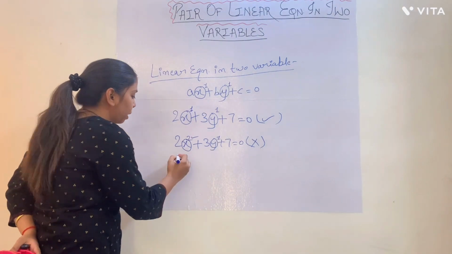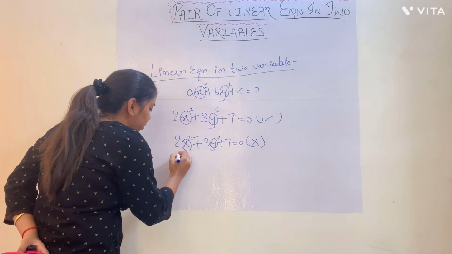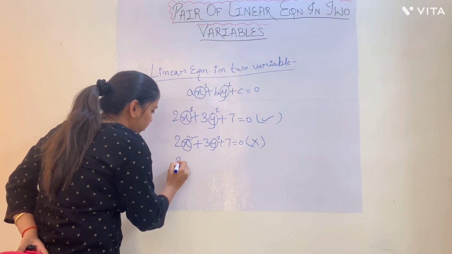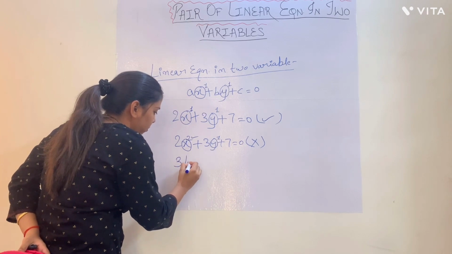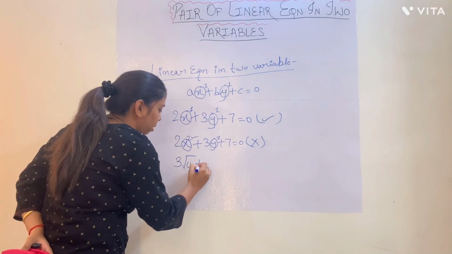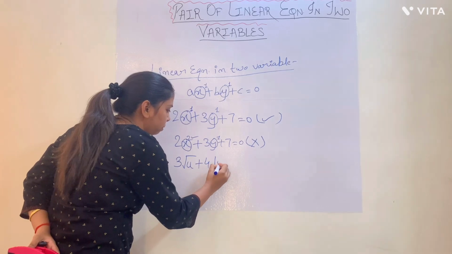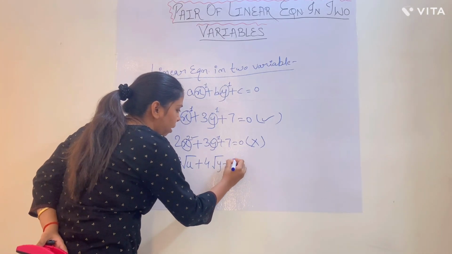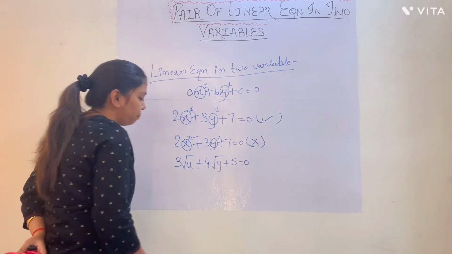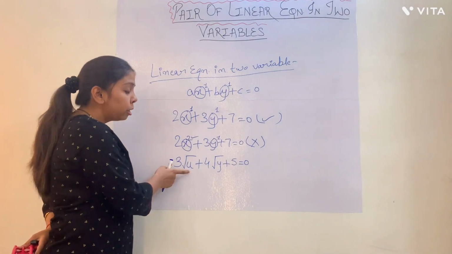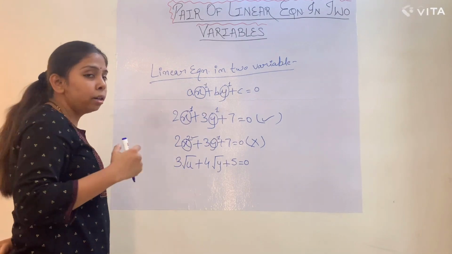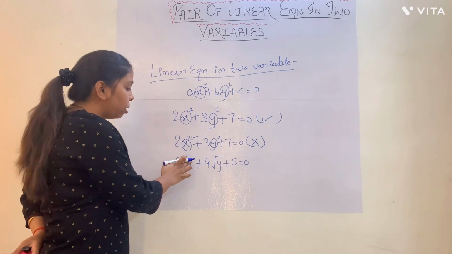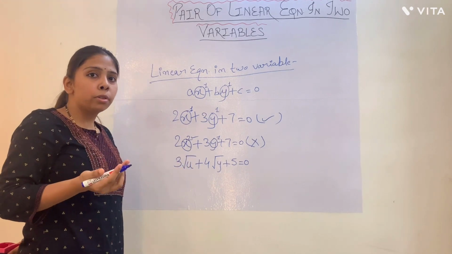Let's take one more example. Plus 4 under root y plus 5 equals 0. This one is also not a linear equation in two variables because the square root means the power is 1 by 2.